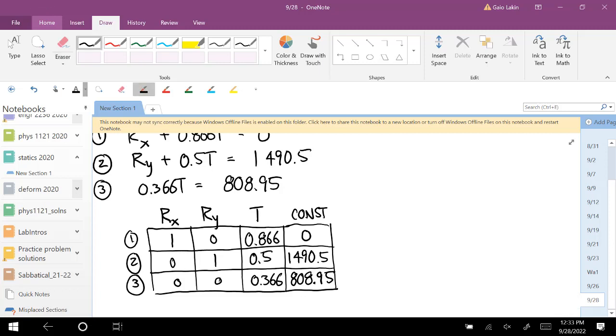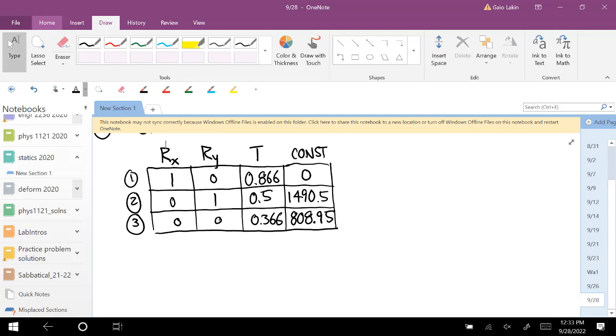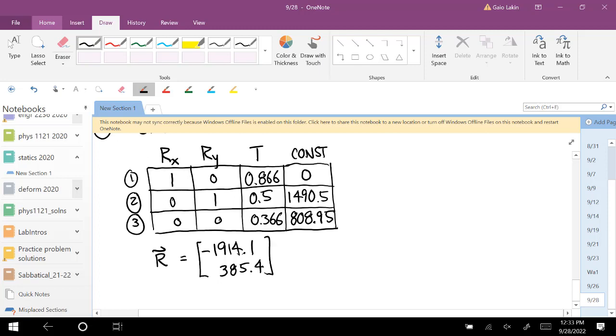And when you solve that, you get R is equal to negative 1914.1, positive 385.4, and the cable tension is 2210.3.